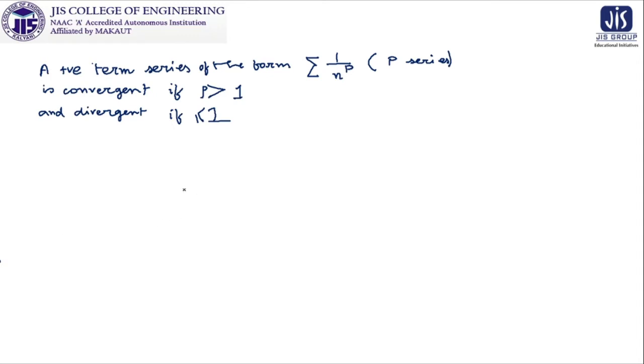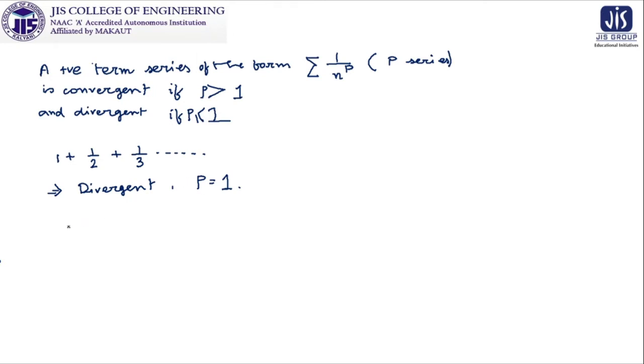If we take the series 1 plus 1 by 2 plus 1 by 3 and so on, we can claim that it is divergent. The reason is that here p is equal to 1, and if p is less than or equal to 1, then it is divergent.